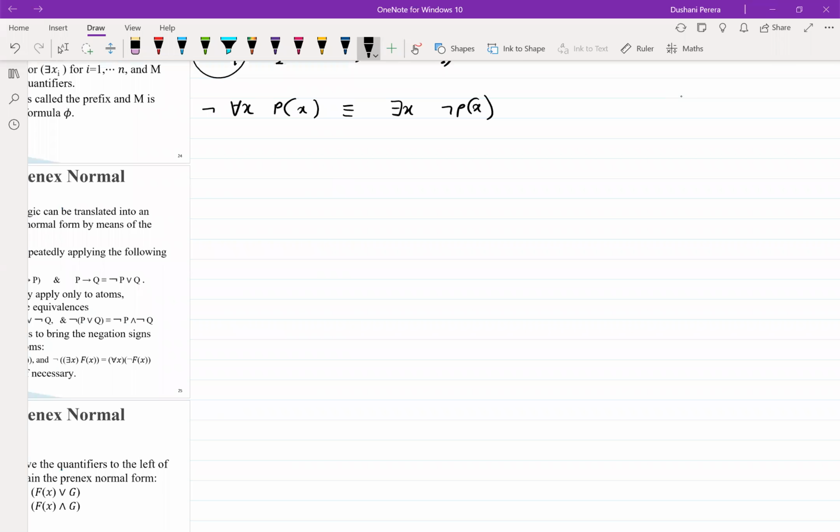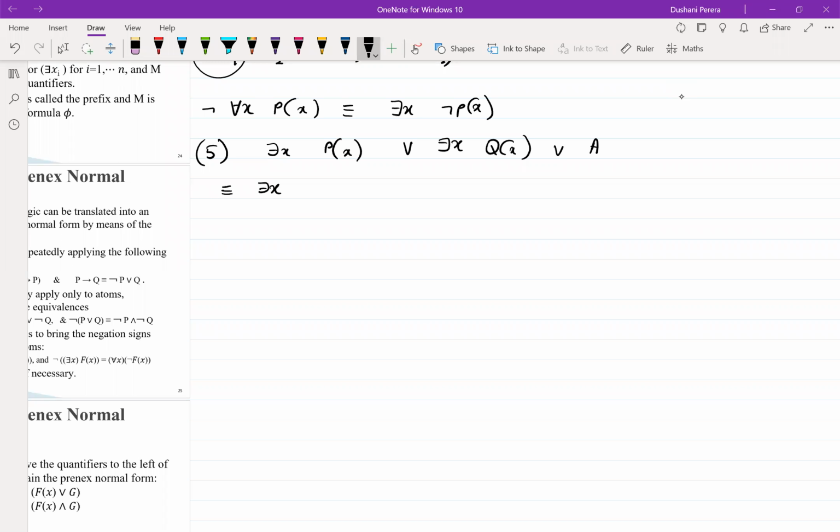Question number 5 in the activity. The first one, of course, is easy. You have some x P(x), some x Q(x). So A is just a proposition that does not involve negations or implications, so it's not going to bother us.